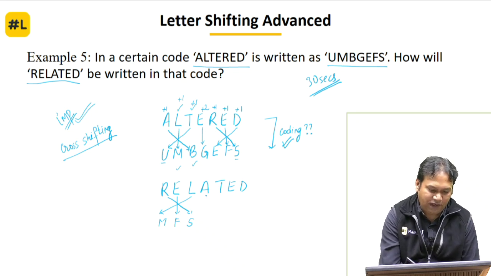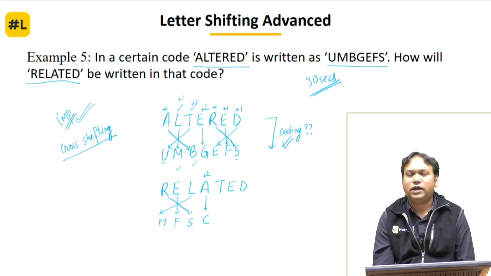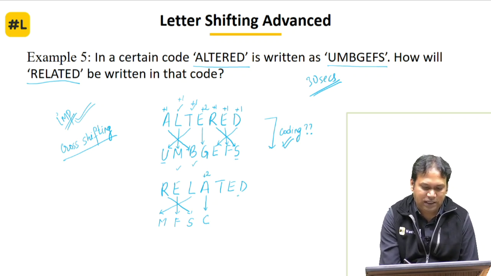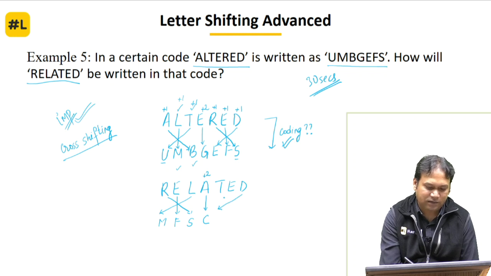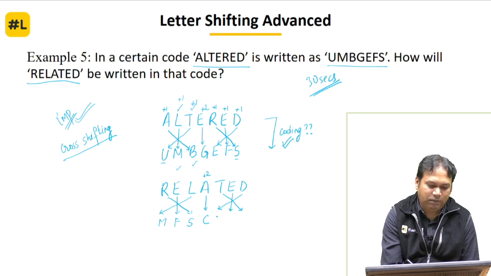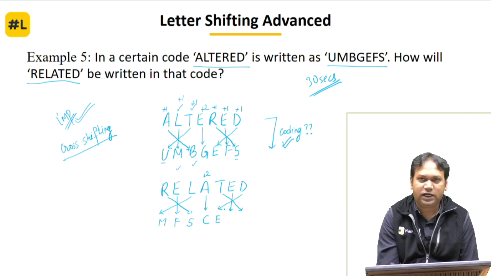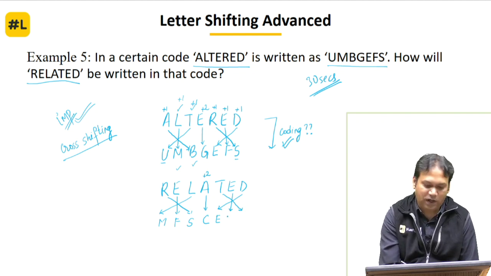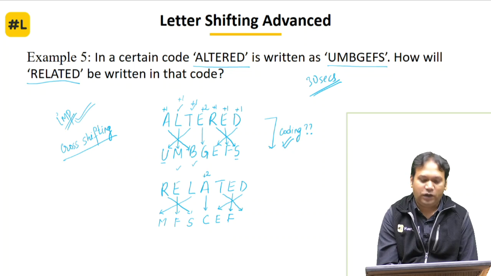And if you shift A forward by 2, A plus 2, ABC, and then you look at TED, the same cross coding is done here. D plus 1, what comes after D? E. E plus 1, F, and T plus 1, U.